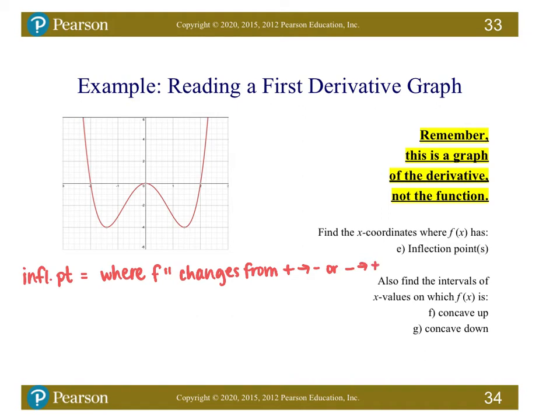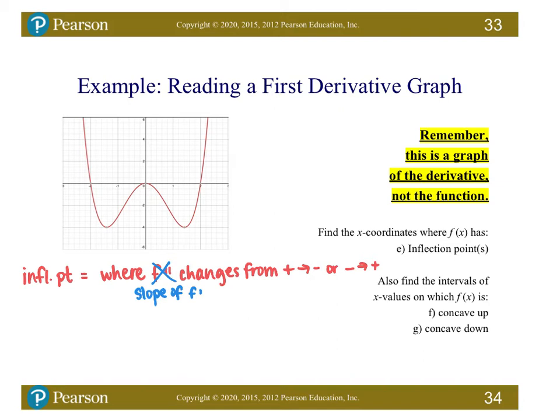So now I want to swap out f double prime for its synonym. F double prime is the slope of f prime. So I can say an inflection point is happening where the slope of f prime changes from positive to negative or negative to positive.